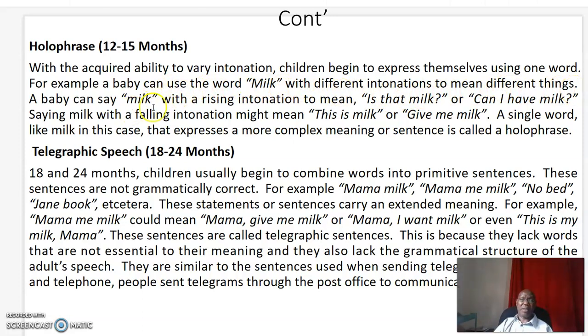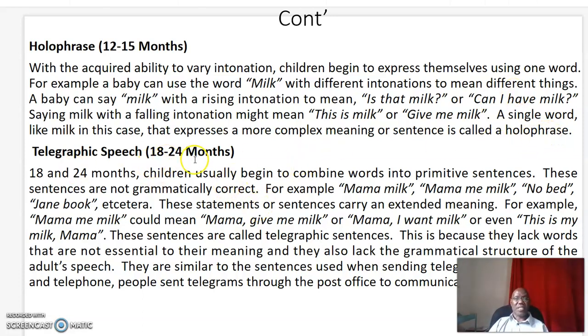A baby can say milk with a rising intonation to mean, is that milk? Or can I have milk? Saying milk with a falling intonation might mean, this is milk, or give me milk. A single word, like milk in this case, that expresses a more complex meaning or sentence is called a holophrase.